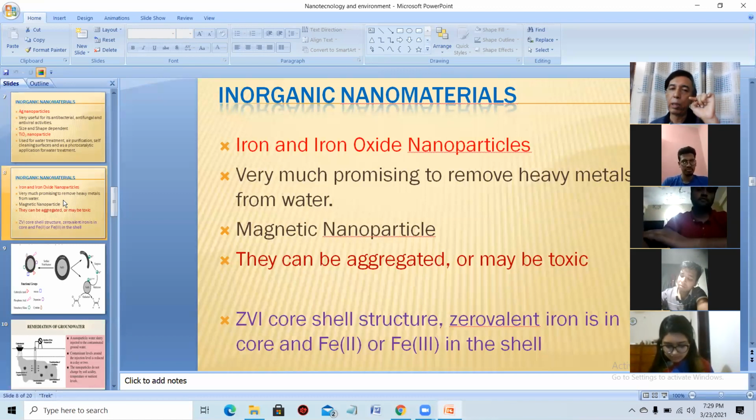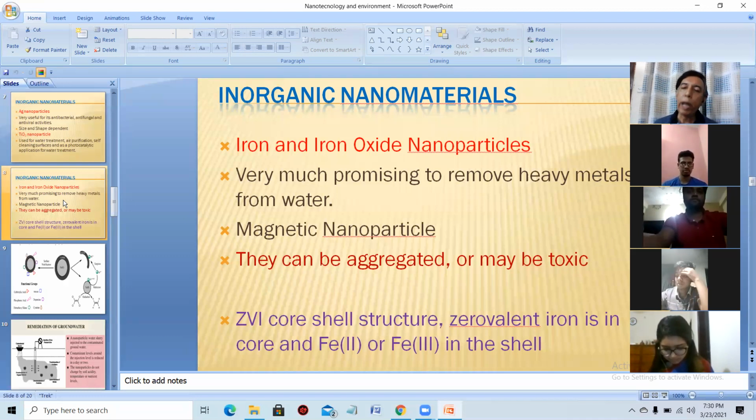The beauty of iron nanomaterial is that you can easily separate it, and it is not that harmful for our body, because we have many iron molecules in our body. We take iron, and we require iron to make our blood.